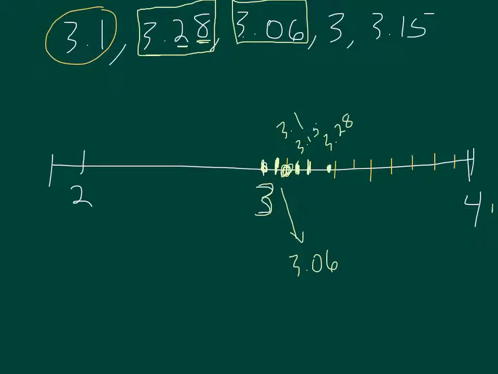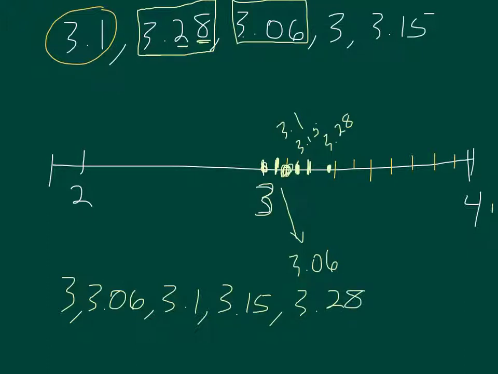So if we put them in order from least to greatest, first we start with the 3, and then we go to 3.06, or 3 and 6 hundredths, and then we have 3 and 1/10, and then we have 3 and 15 hundredths, and 3 and 28 hundredths. 3 and 28 hundredths would be the largest number that we have. And that's how you compare, or you put decimals in order.